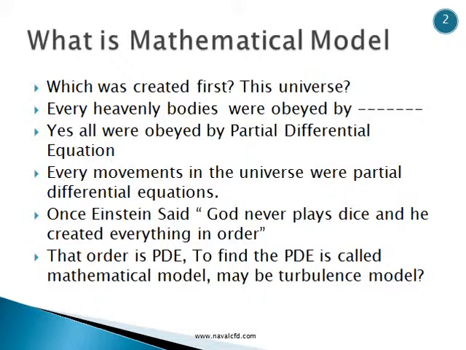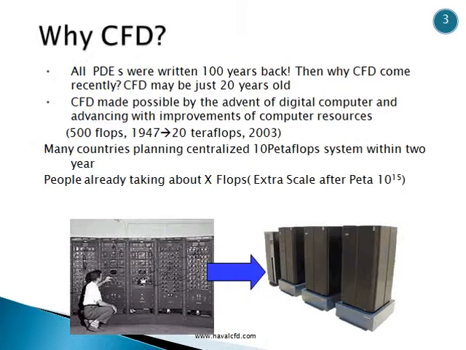So we'll go to the next slide. In this slide we'll see why CFD. See, all partial differential equations were written 100 years back. Then why did CFD come recently? CFD may be just 20 years old. So the answer is CFD was made possible by digital computers, and advances in their computational speed.